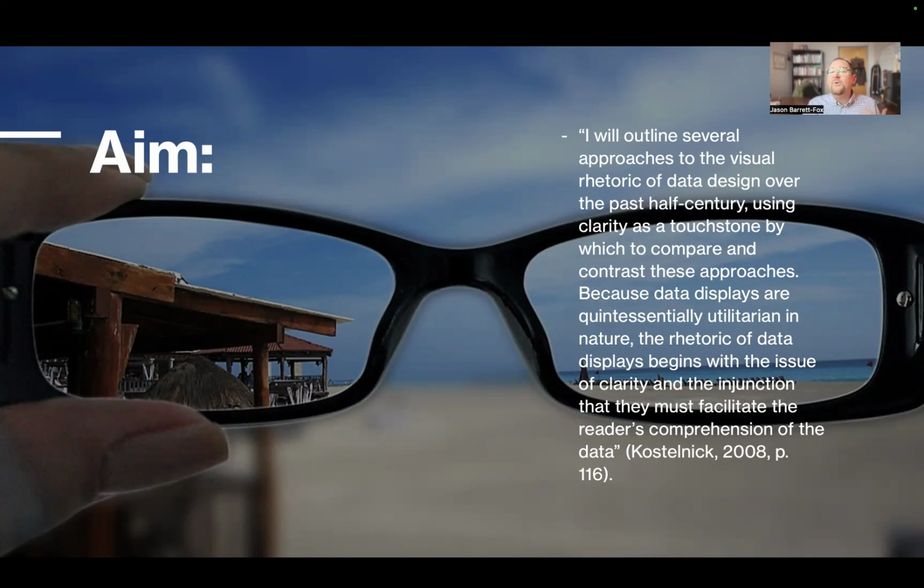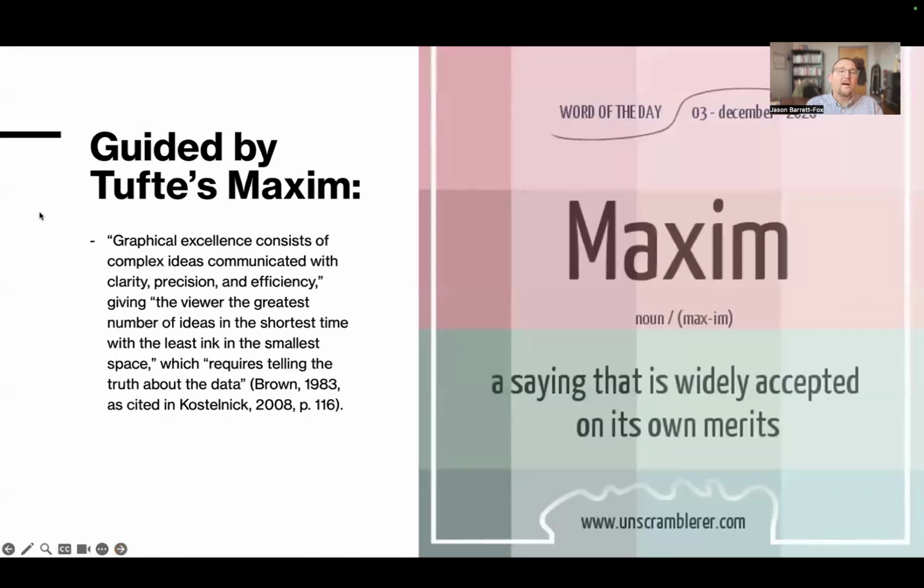Because data displays are quintessentially utilitarian in nature, the rhetoric of data displays begins with the issue of clarity and the injunction that they must facilitate the reader's comprehension of the data. So we're going to get a little sense of how to understand these, particularly this approach to conveying information historically, which is really, really useful, I think.